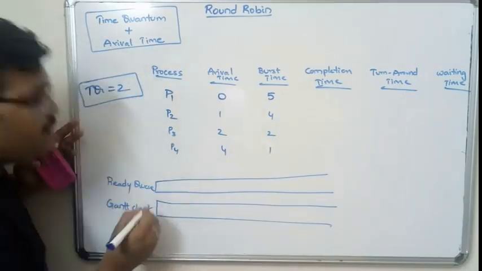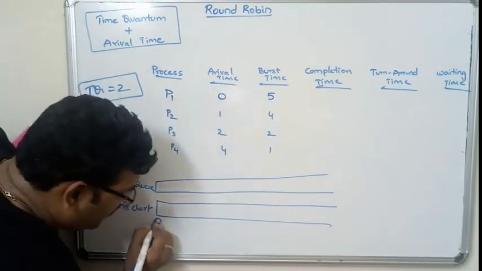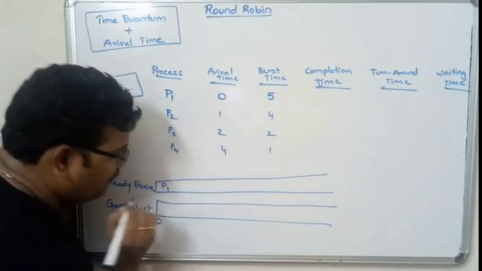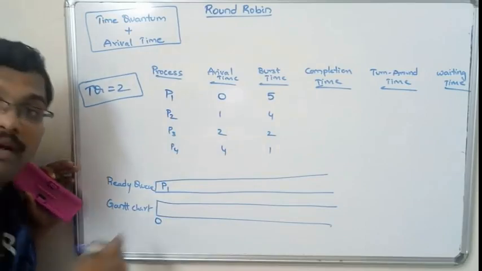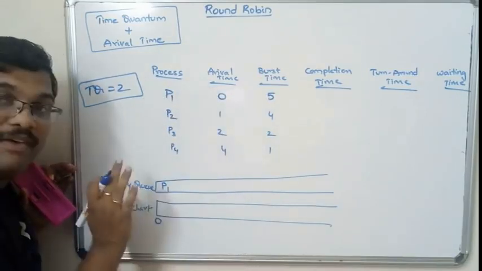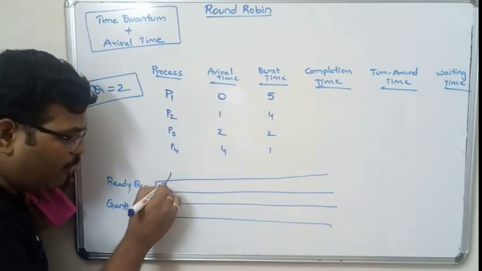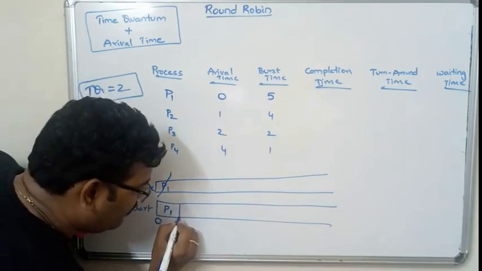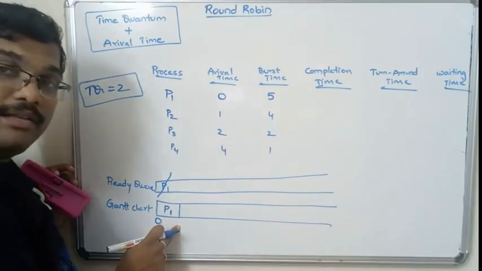As we know, at time 0, P1 is in the ready queue. Only P1 is available, so P1 will be removed from the ready queue, allocated to the CPU and executed.